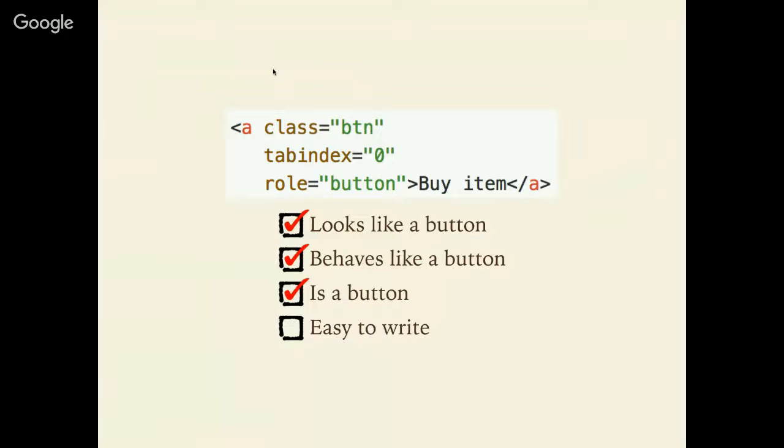We do still need to add the spacebar activation via JavaScript to make it actually behave like a button. But there's no check next to easy to write because we had to add the tab index and the role, and it's just getting complex.